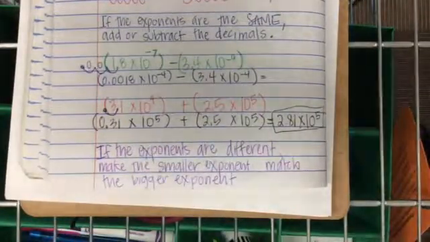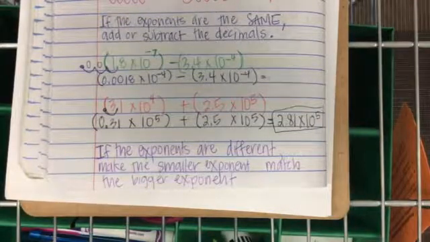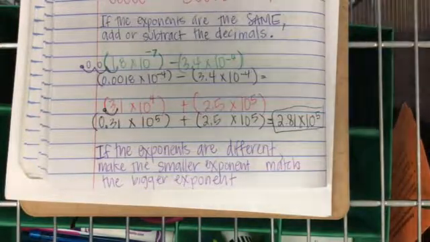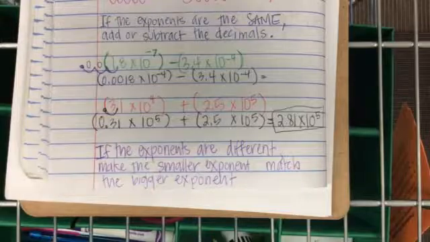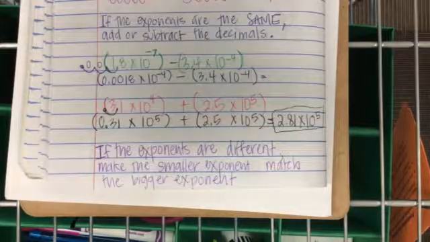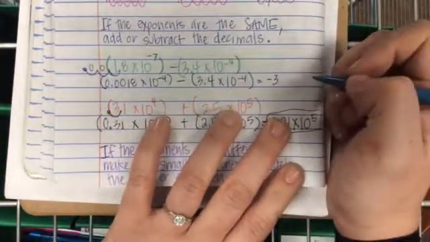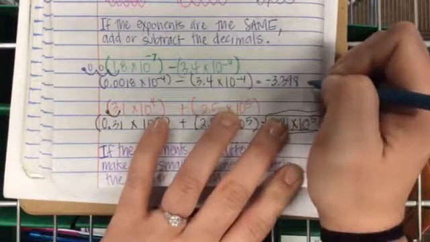Now, do my exponents match? Yes. Subtract the decimals. 0.0018 minus 3.4. I use a calculator. Negative 3.398 2.